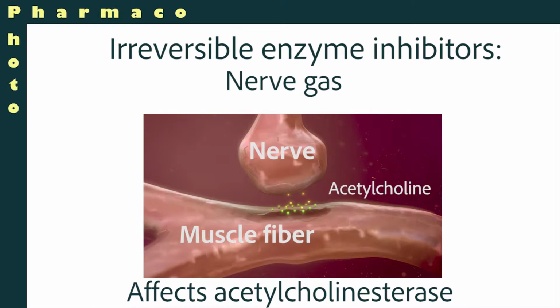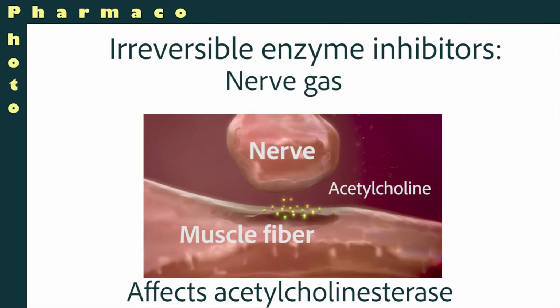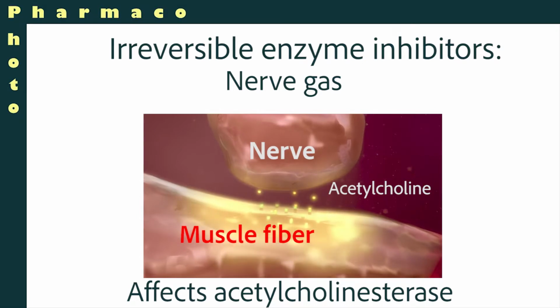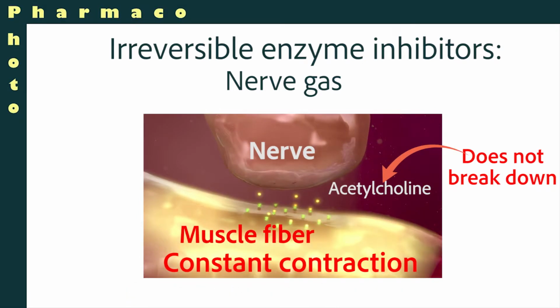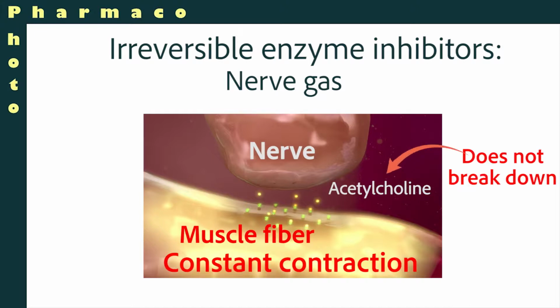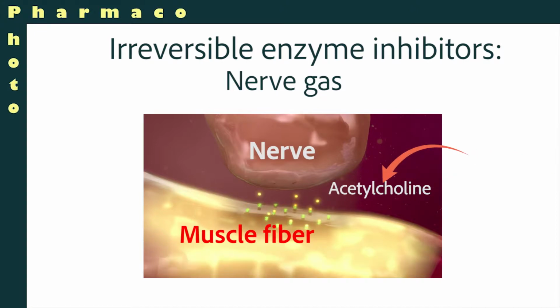Acetylcholine is the neurotransmitter that's responsible to instruct the muscles to contract. Without the enzyme that breaks down the acetylcholine at the muscle, the acetylcholine continues to stimulate, for instance, the respiratory muscles. And remember what we need in order to breathe.